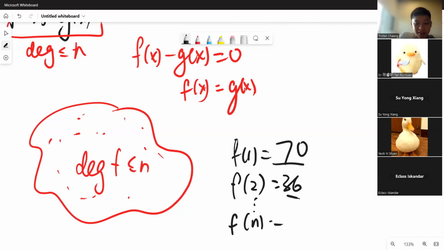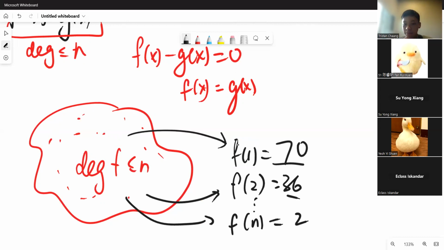I don't know. Let's say 2 or whatever. So you would know that there will be at most one polynomial that satisfies this if you only allow choosing polynomials from your collection. There's only one polynomial that satisfies this.